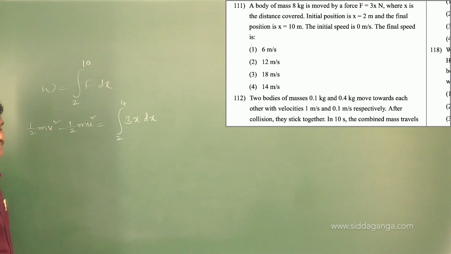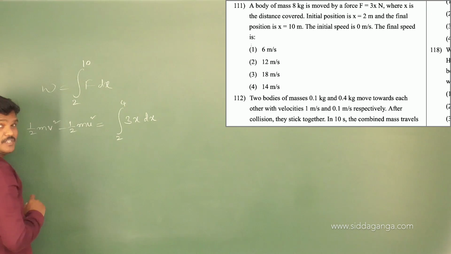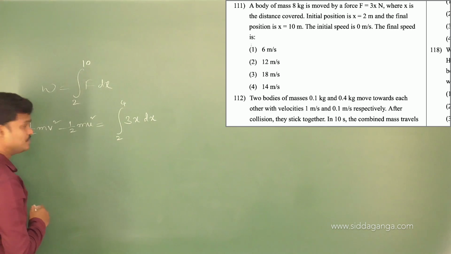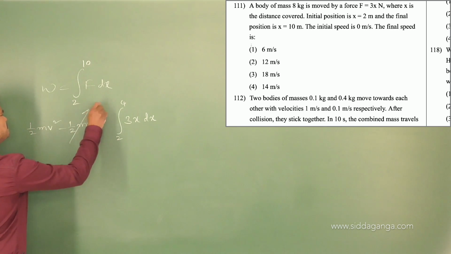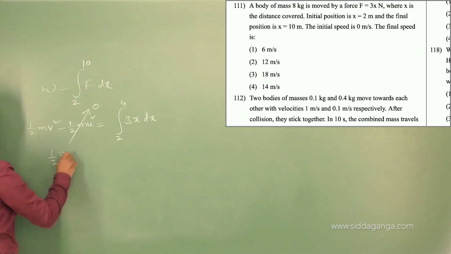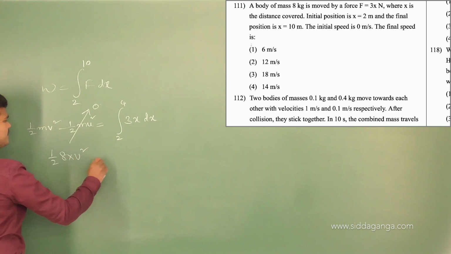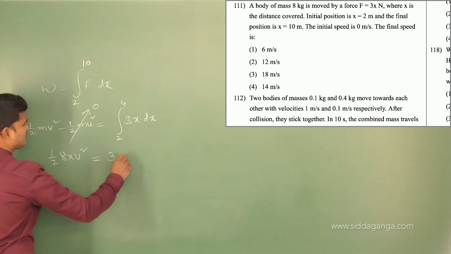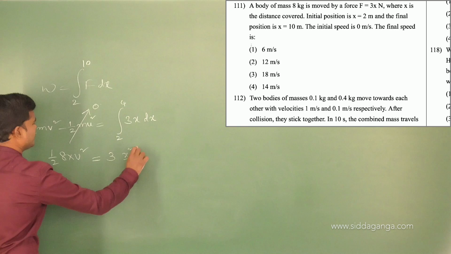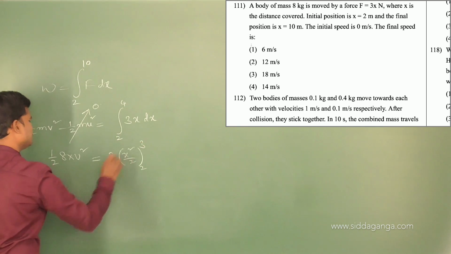What is F? 3x. Mass is given as 8 kg and it starts with 0 speed. So this is going to be 0, half into 8 into v square. So 3 you write outside, the integral of x is x square by 2, from 2 to 10.